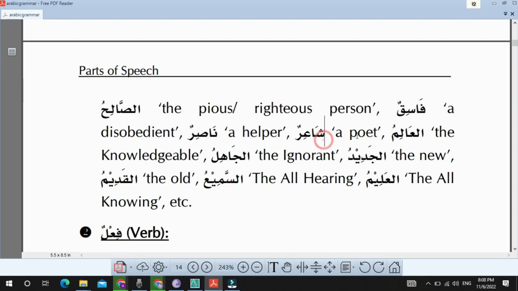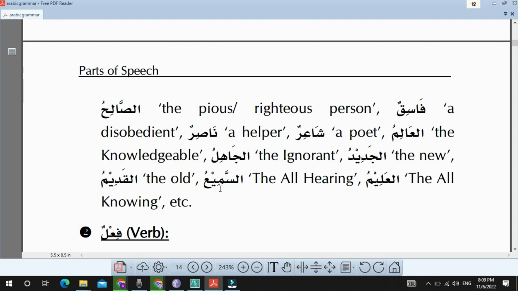Al-alimu, the knowledgeable. Al-jahilu, the ignorant. Al-jadidu, the new. Al-qadimu, the old.